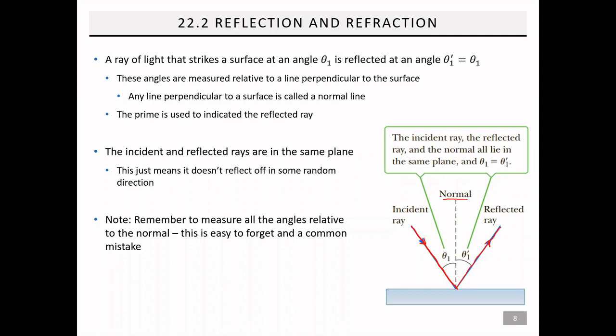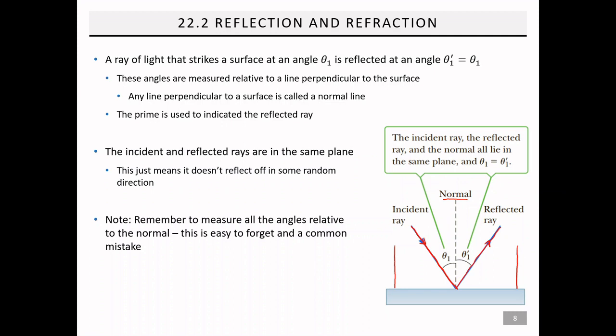The normal line is any line that is perpendicular to the surface of reflection. So if I draw a vertical line on the left, this line could also be considered a normal line. If I draw a vertical line on the right, this could also be considered a normal line. So a normal line is any line that is perpendicular to the surface.